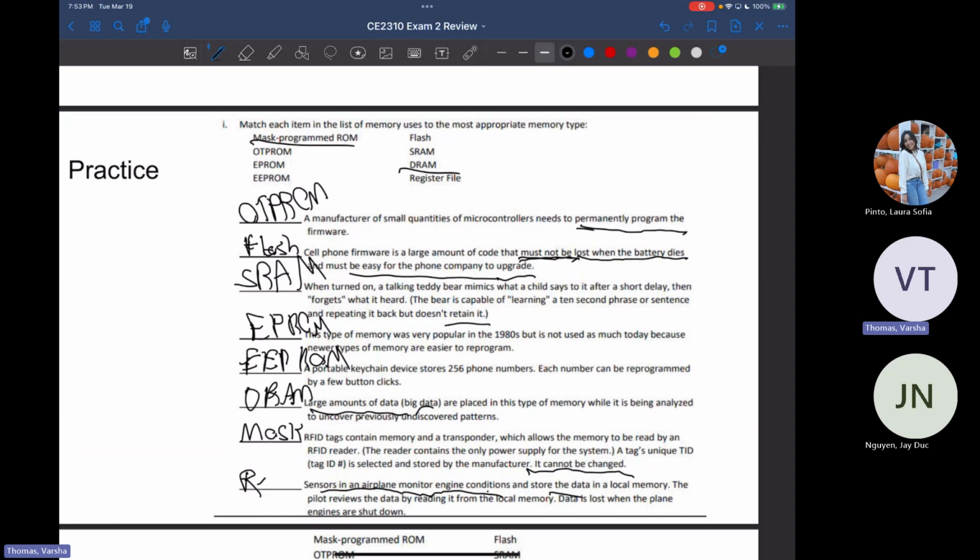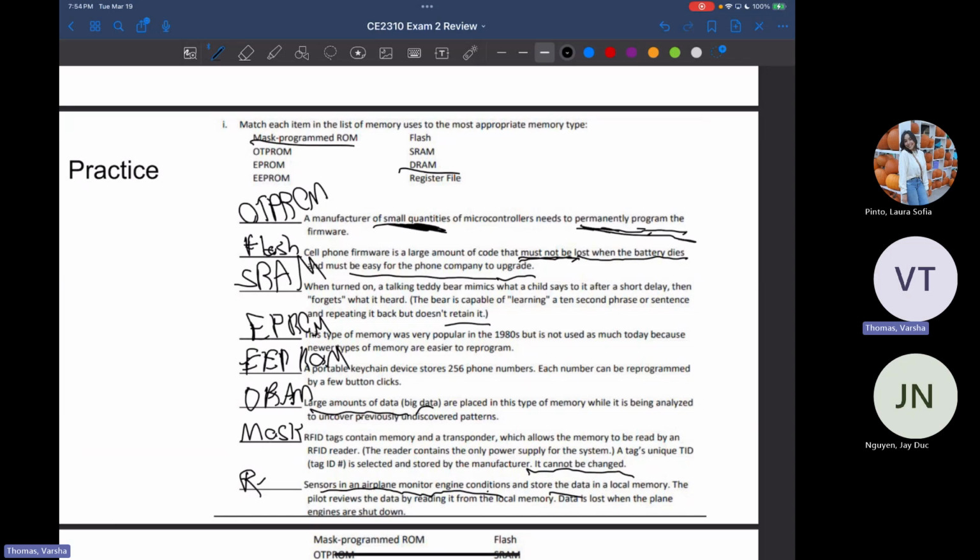But yeah, I just want to give a good explanation, because mask PROM usually is similar to the OT-PROM, but it is produced in large amounts, right? So this one says small quantities, and it says program the firmware. So this one has to be OT-PROM, and it makes sense because it's small quantities and it's unique. It's only programmed once.